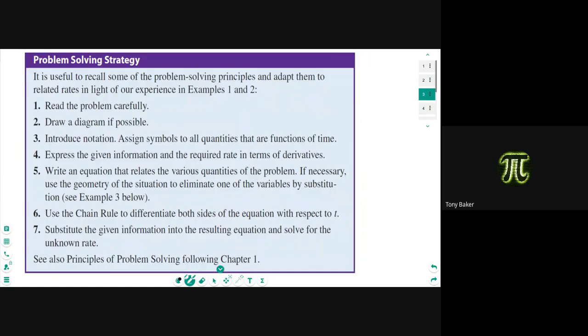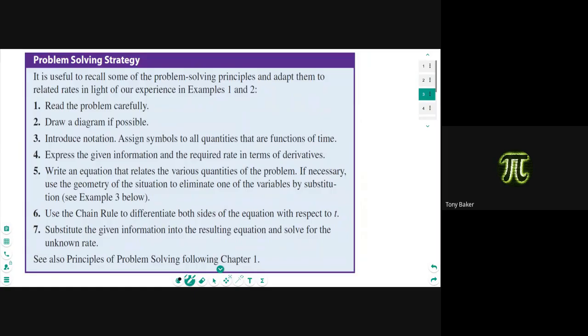Do not start pulling information out of the problem before you read it, because sometimes there's information in the problem that you don't need. That is extremely possible, especially in problems that you deal with in real life. You might have a ton of information you don't necessarily need to solve the actual problem. Also, you might be using it in different ways than you originally thought until you get to the end.